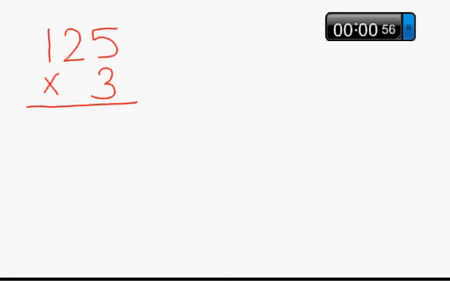Multiply each of those partial products. And after you do each of those partial products, you should have 3, and then add those 3 together.